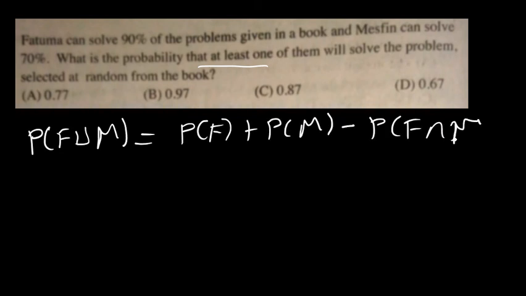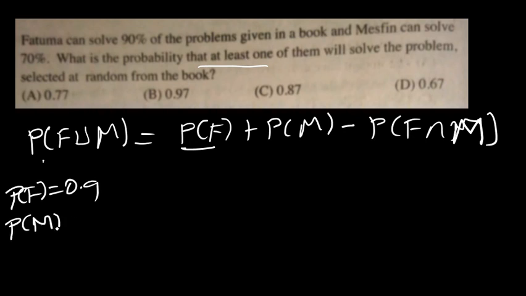This is how to do what we have to do here. Remember, the probability of Fatuma is already 90%, meaning 0.9, and the probability of Masfin is also given to us, which is 0.7.